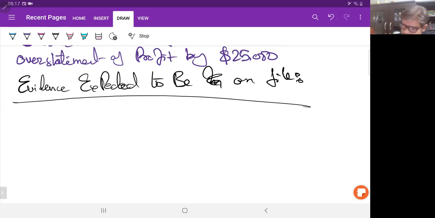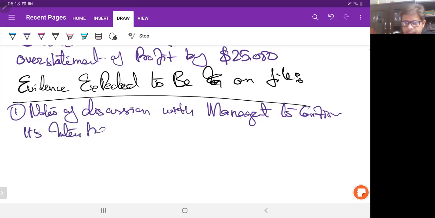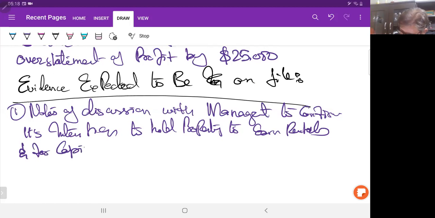Now, what I'll say first, what I will expect as a manager is to get notes of discussion with management, and now why I need this is to confirm its intention to hold the property, earn rentals, and for capital appreciation.